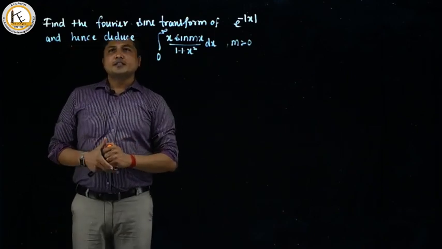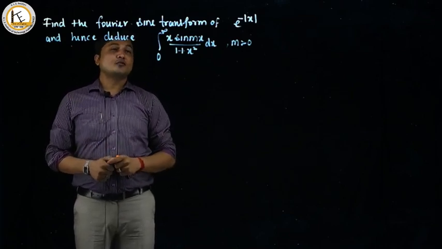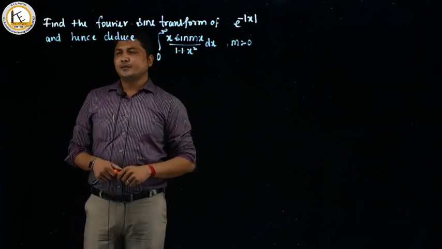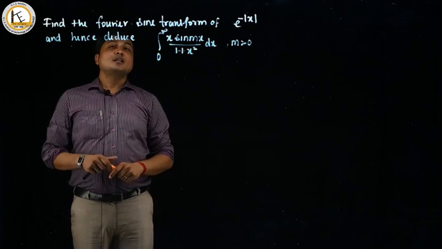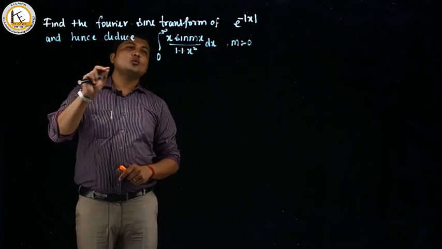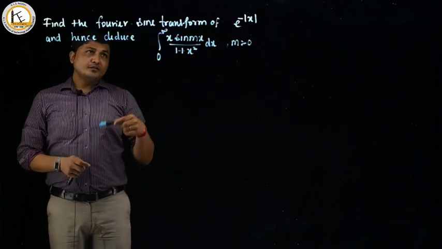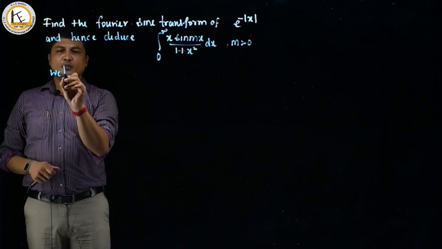So first we need to find the Fourier sine transform of the given function e raised to minus of mod x. Later, by using the answer of this first part, we need to deduce the second part. Since we need to find the sine transform, we use the sine transform formula.